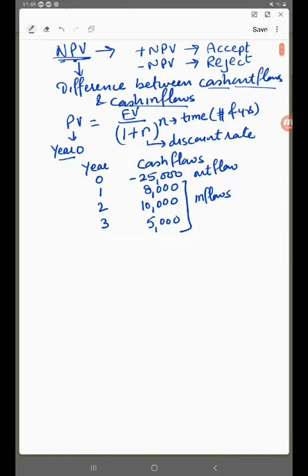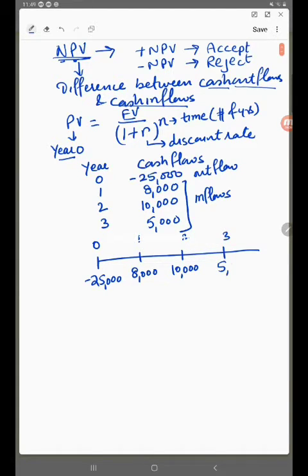So to make it simple, let's draw a number line. So year 0, 1, 2, 3. So 25,000 you invested, 8,000 you would get in year 1, 10,000 in year 2, 5,000 in year 3.